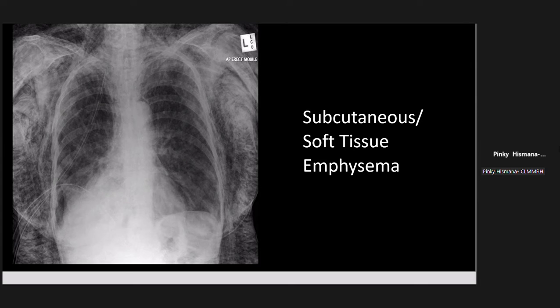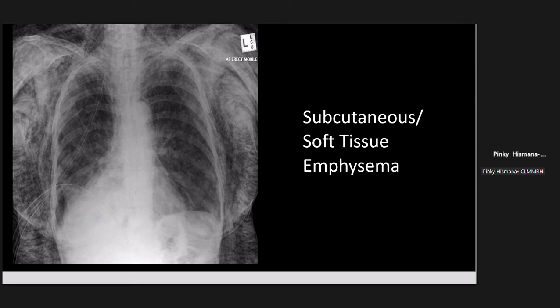The other term for air in radiology and other medical conditions is usually emphysema. In this case, it is subcutaneous because it is below your dermal layer, usually affecting the subcutaneous layer. But this one involves not only the subcutaneous layer but also the deep soft tissue, the intramuscular layer. So you have air here.